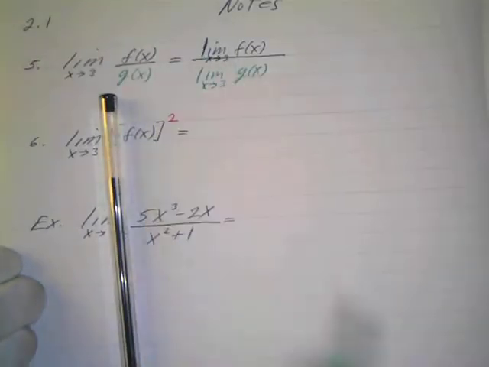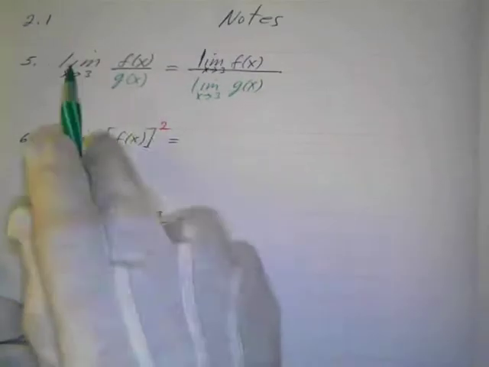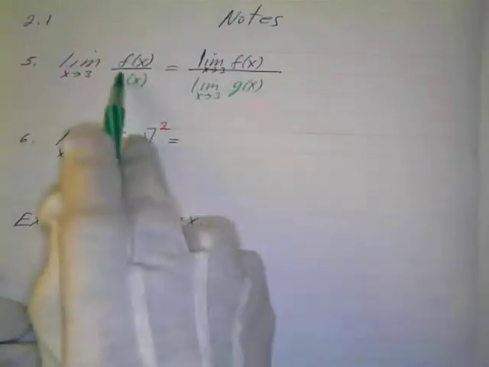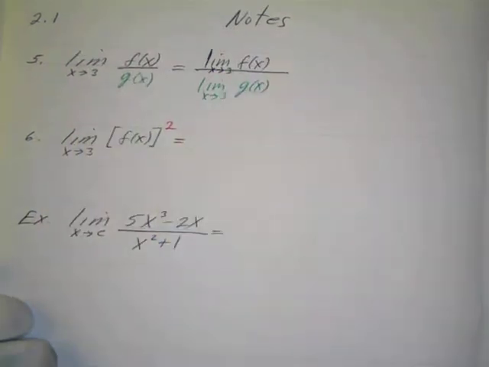Okay, should have written this a little bit higher. So again, this is the limit of a quotient. There's my quotient. So the limit of a quotient is the quotient of the limits.